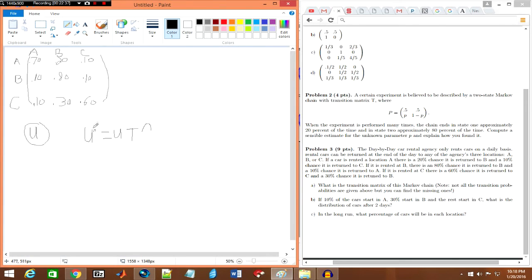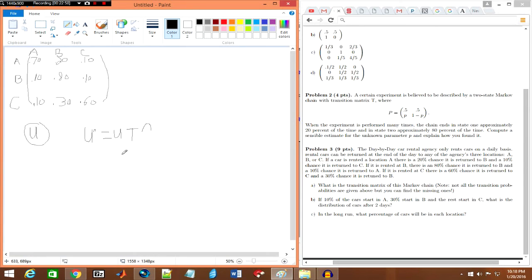So this says that the probability distribution after N steps is equal to the starting probability distribution multiplied by the transition matrix after N steps, or N transitions, whichever one you want to call it.